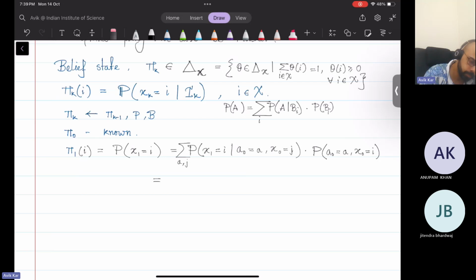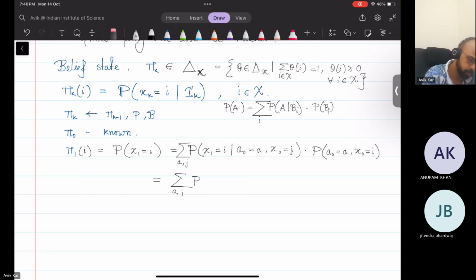And this can be further written as, well, this π_1 is also depending on y.